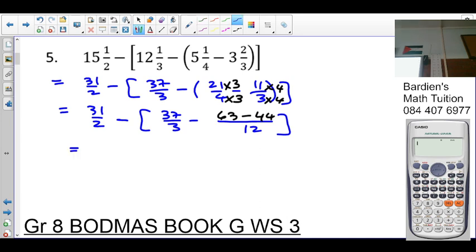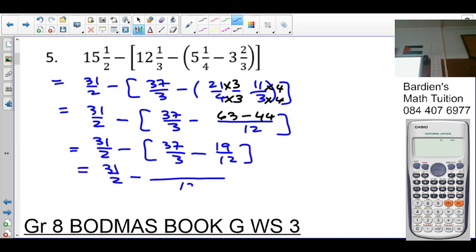Yes, sir. Which is 31 over 2 minus, so this is going to give us 37 over 3 minus 19 over 12. Is that correct? Right. What's my LCM here? 12. So multiply this by 4. 37 times 4 is going to give you 148.